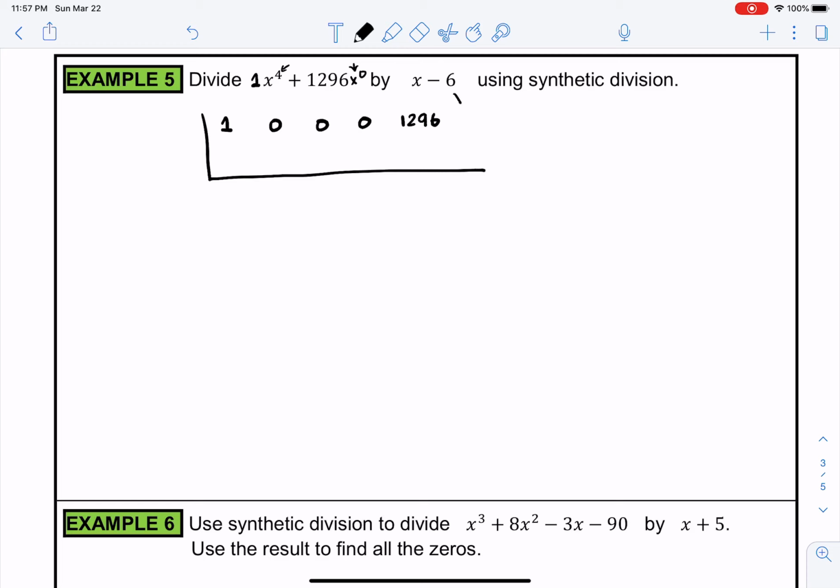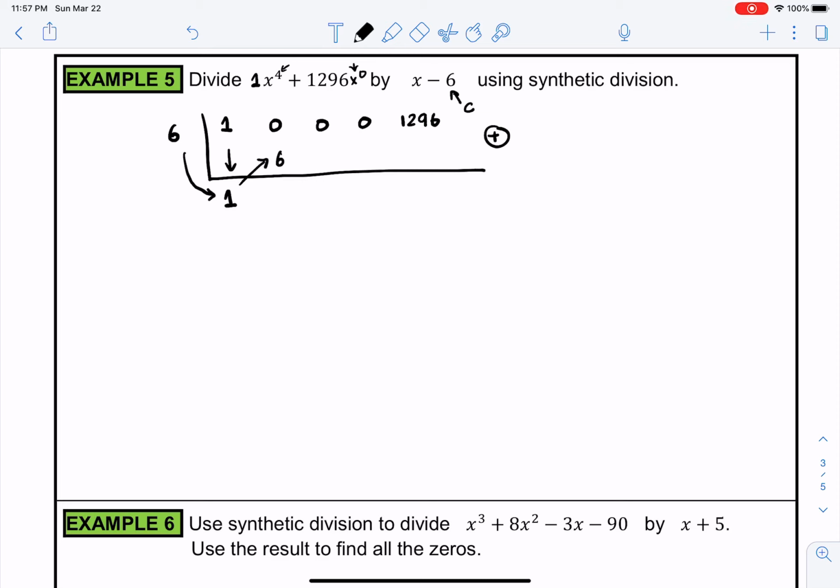And it is in a nice form, x minus c, and we can use it with synthetic division. So that is c, so c goes here. We bring down 1. We multiply 6 with 1 and put it over there. And we always add. Do not forget, with long division, we always subtract.